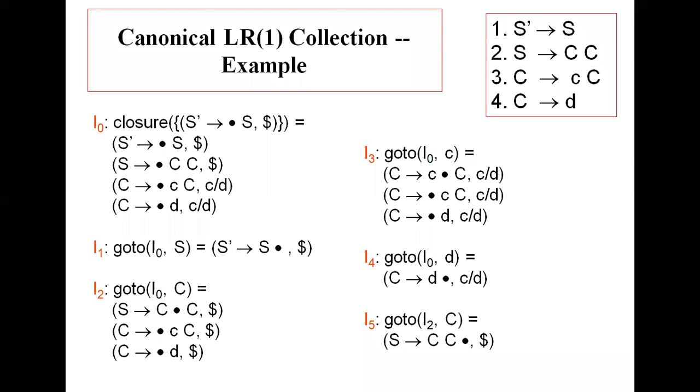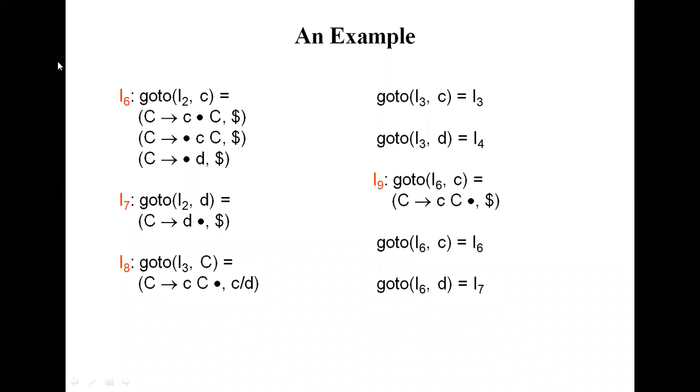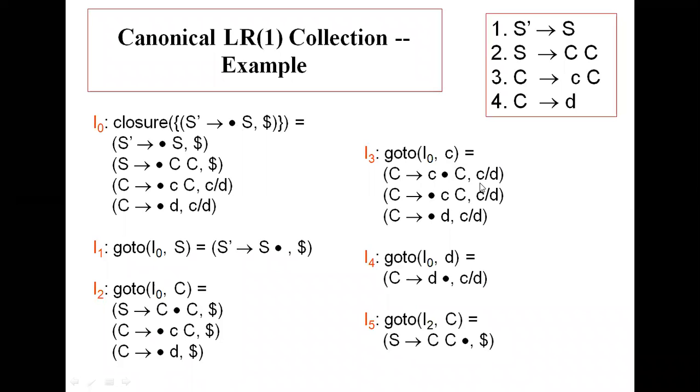Here we're having a dollar, here we're having C or D. That means I3 and I6 have the same rules but different look aheads. So we write I3 plus I6 is equal to I36. That means we're merging the states 3 and 6 into a single state 36. Make a note there.